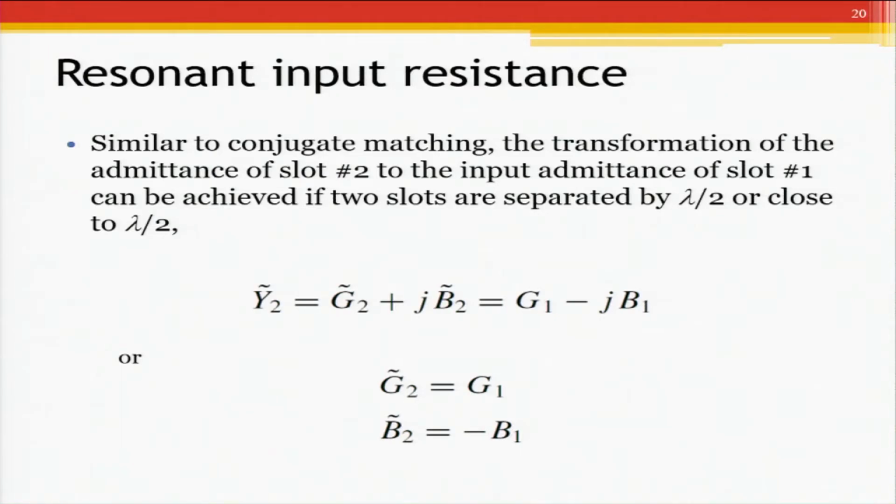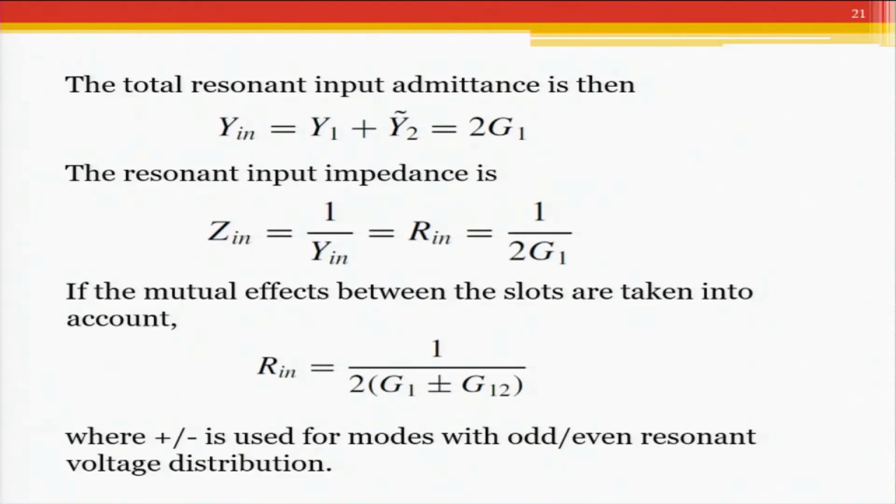Therefore the input admittance at the resonant frequency will be Y1 plus Y2, with a tilde here, equals 2G1. And therefore the resonant input impedance Zin, which is 1 over Yin, will be equal to the real part, which is Rin, and it's equal to 1 over 2G1.